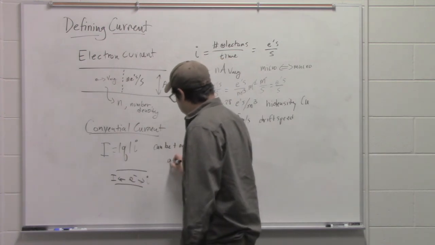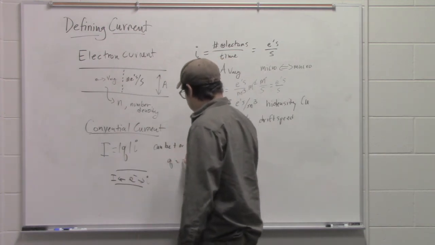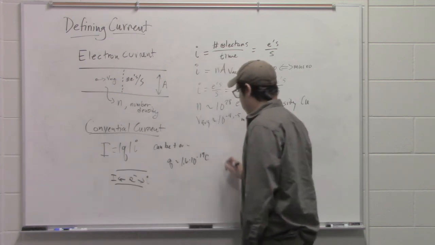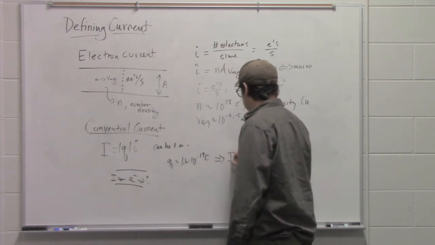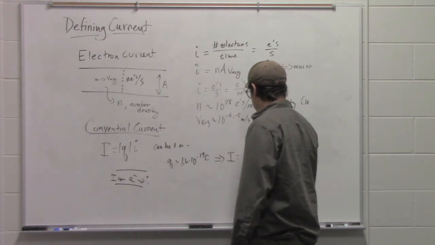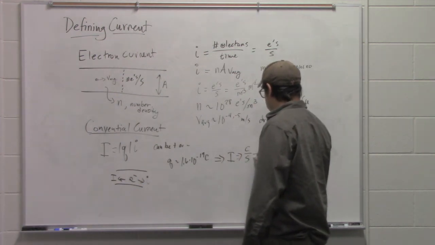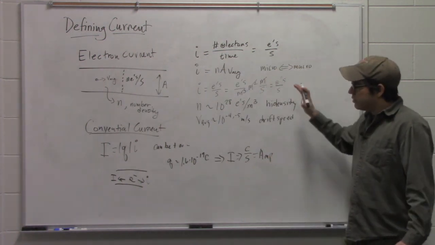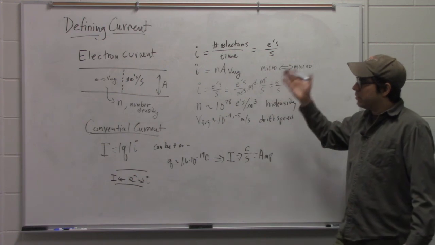So this Q is typically for us going to be something like 1.6 times 10 to the minus 19 coulombs, meaning that the units of conventional current are in coulombs per second, which is also known as an amp.